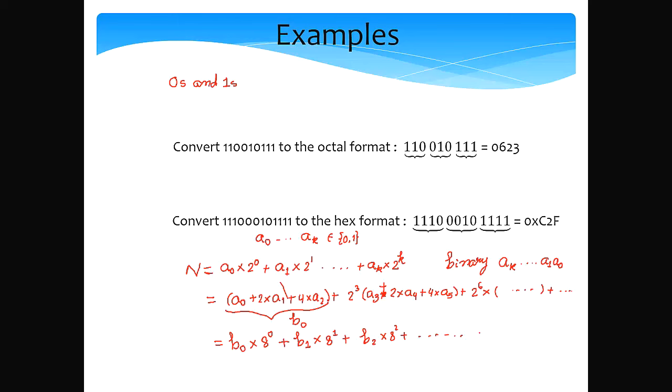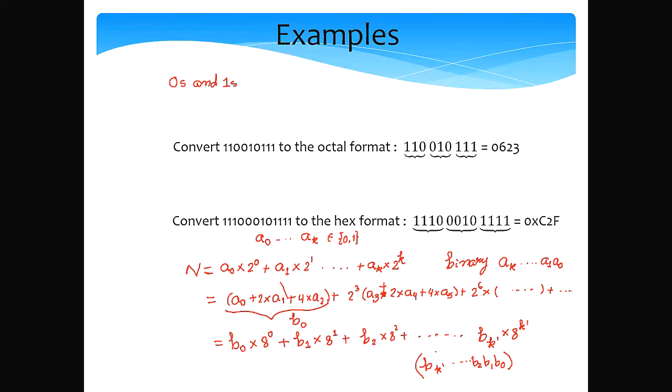Say, let's assume that the last number in this series is k dash times 8 to the power k dash. So essentially the octal number will be equal to, so this is the number in base 8.